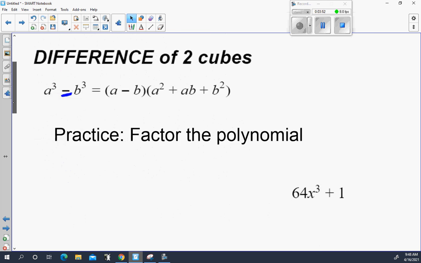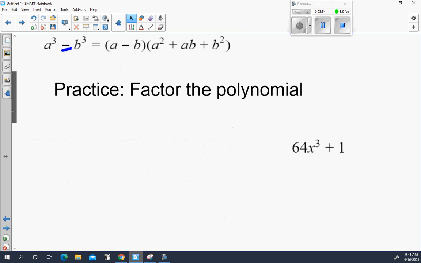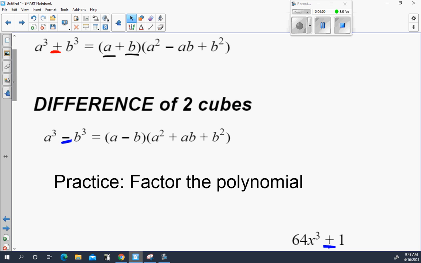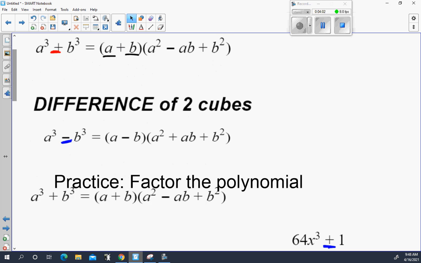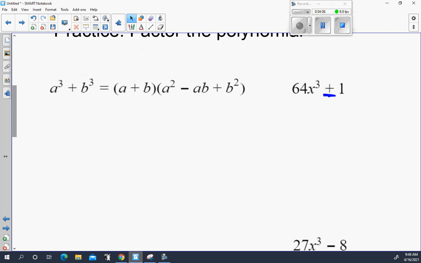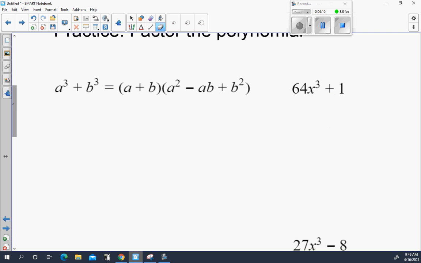Is it the sum or difference? Look in the middle. That's the sum. So we're going to use the sum rule. We're going to bring that down here, just so we can plug these in. Because that's really all it is, plugging in.